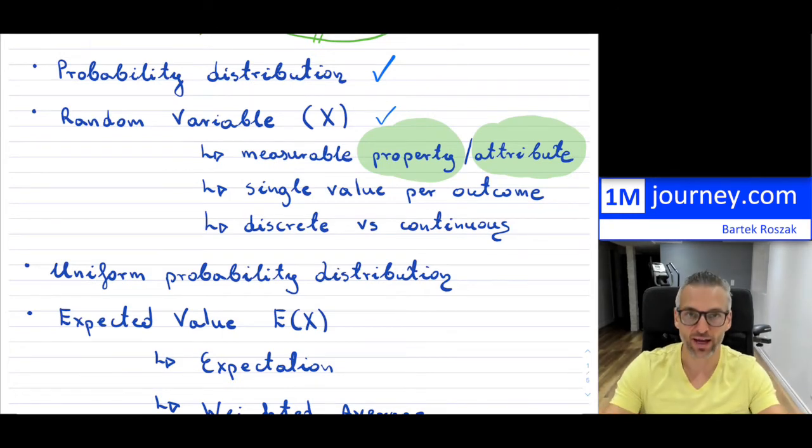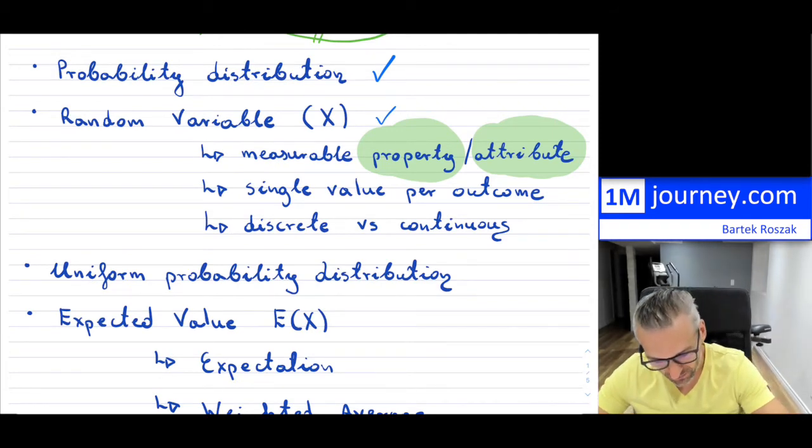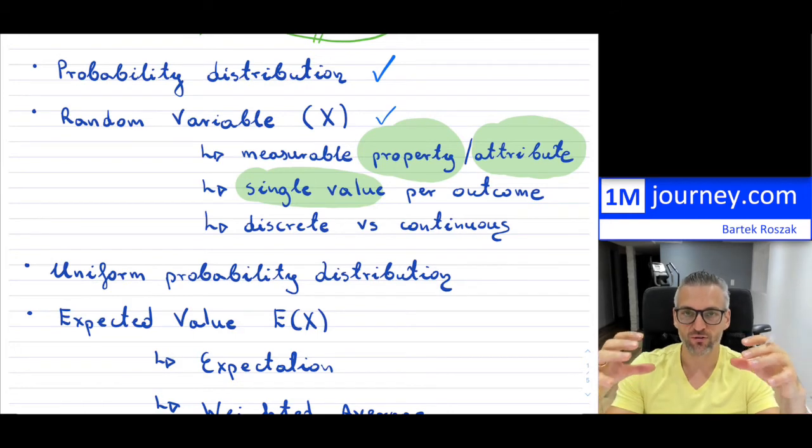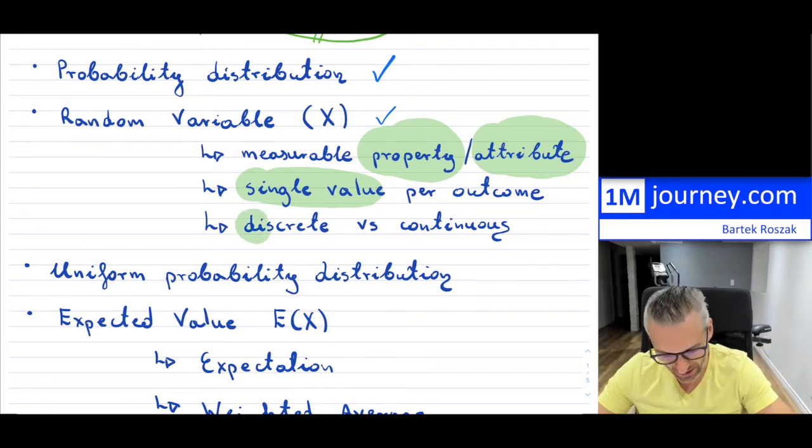You can have other random variables. Now, the key thing is that each outcome will have one single value. A heads is going to have a single value associated with it, and then you can find what that probability is. And then it can be either discrete or continuous.